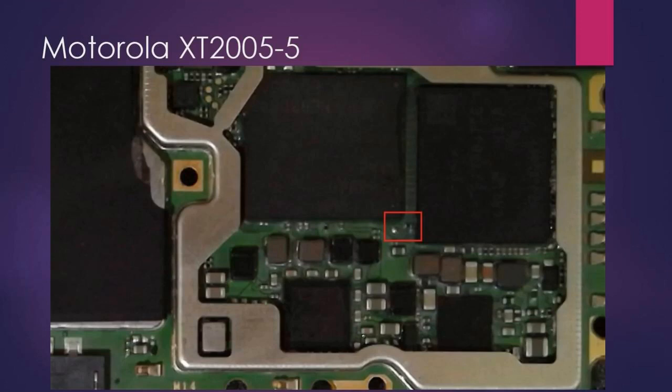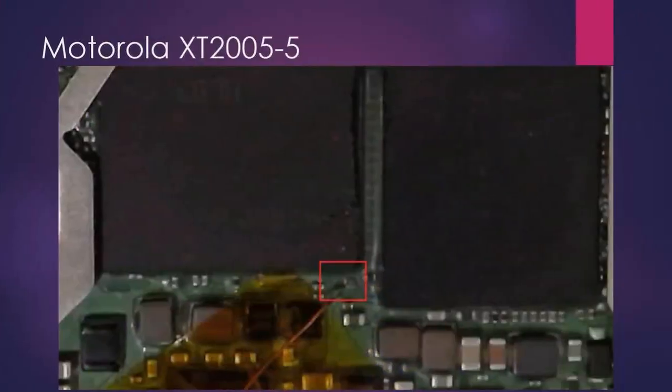Now the problem is I have the board folded over, so what I ended up doing was soldering a wire, your little 40 gauge ISP wire, to that pad, and then as you can see I've insulated that wire with Kapton tape, so when I put the device back together it doesn't automatically short out.